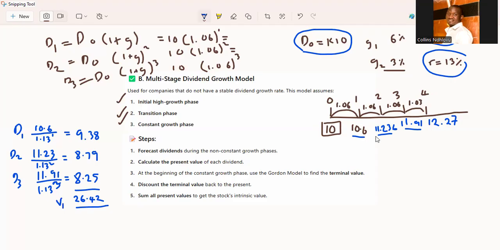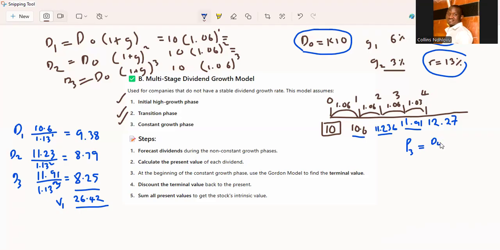In year 4, we are told that the growth rate will drop to 3% thereafter. Whenever we are told thereafter, we're using what? Gordon's model. So as of year 3, remember, the price of stock as of year 3 will be what? D1 over R minus G. If it was 0 there, I would have put 1 there. If it's 3 there, we're going to put 4 there.